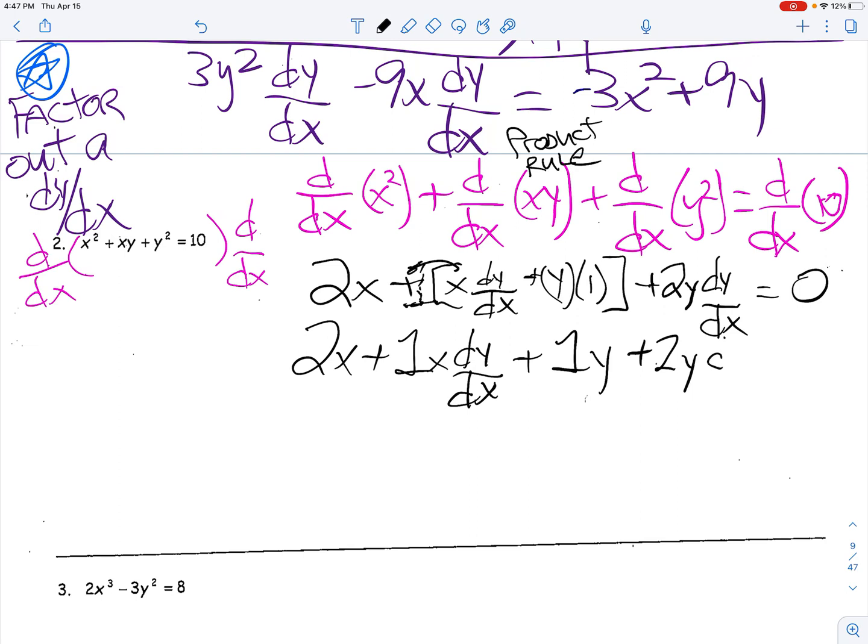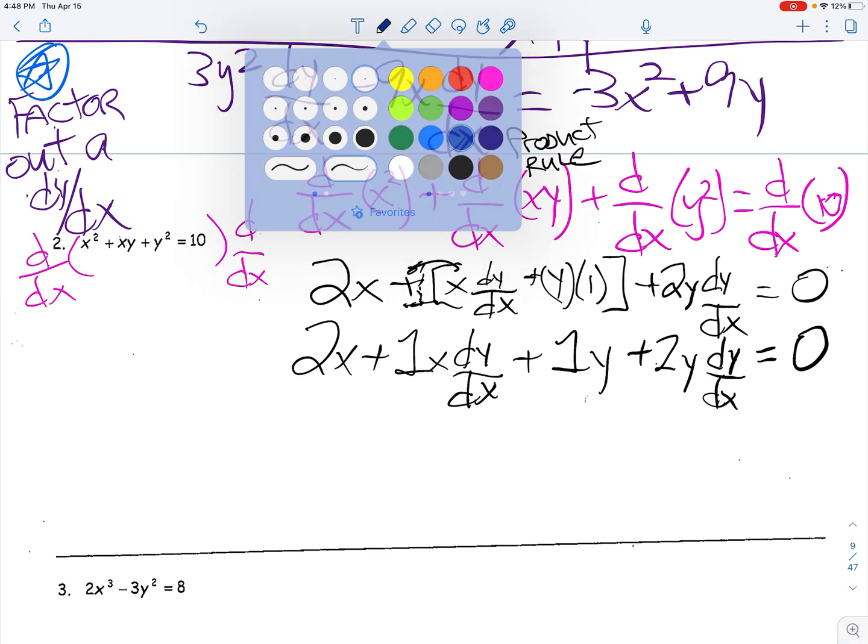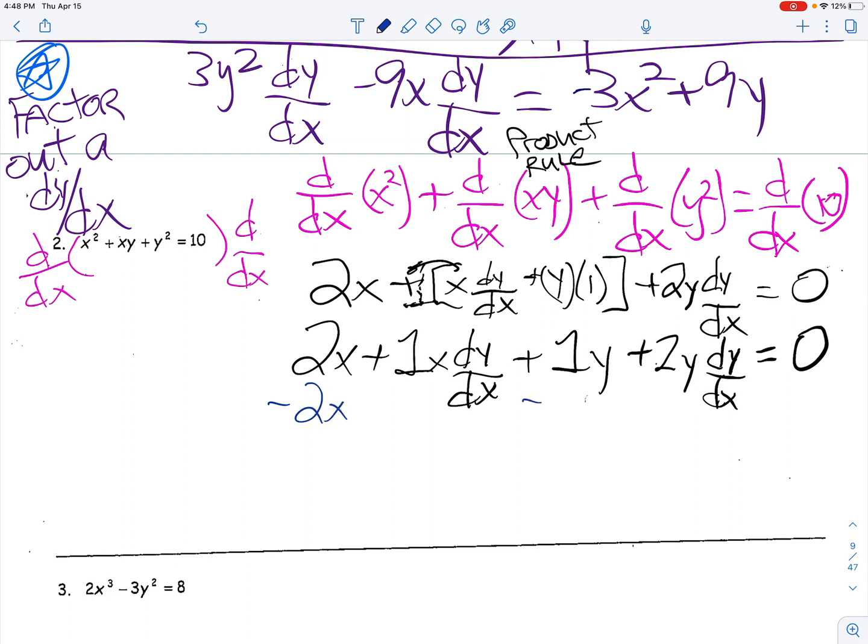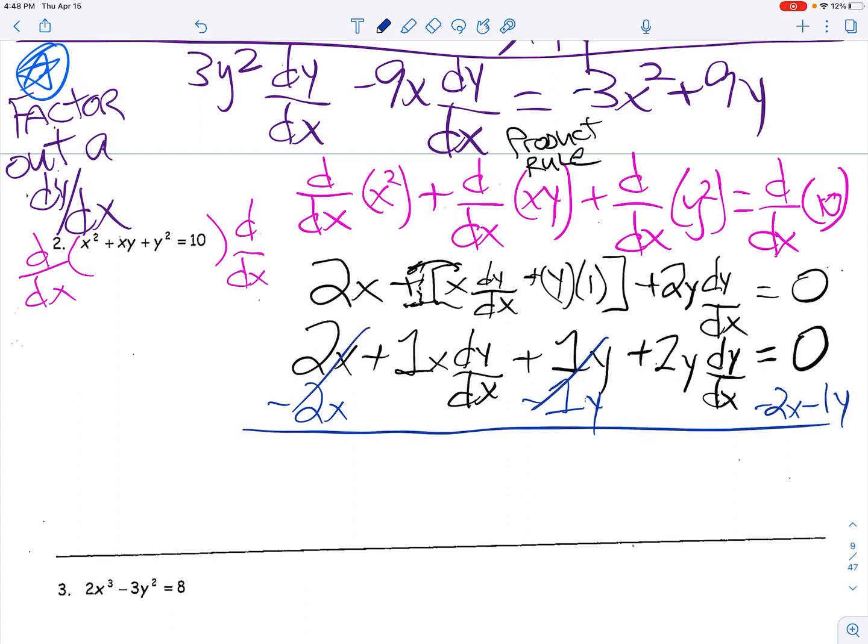So 1x or just x dy dx plus 1 times a y times 1 is a 1y or just y plus 2y dy dx equals 0, people. I would now move all the non-dy dx terms over to the other side. And a minus 2x minus 1y to both sides.